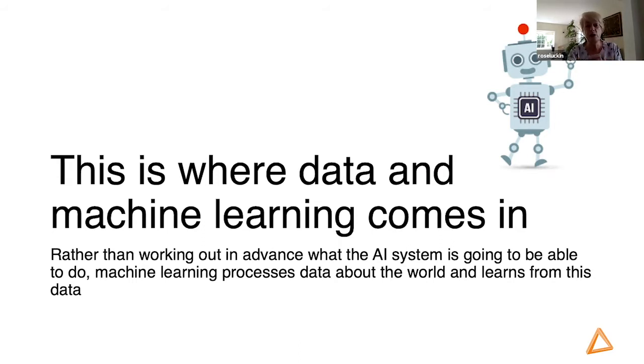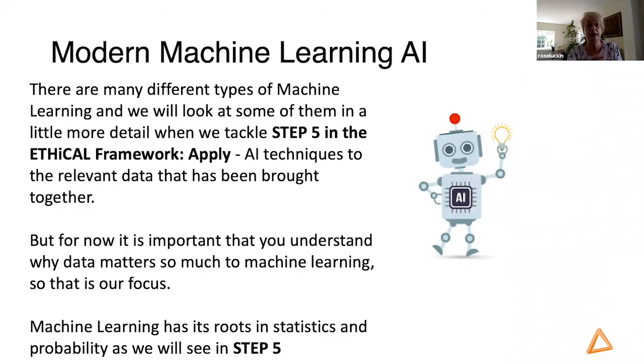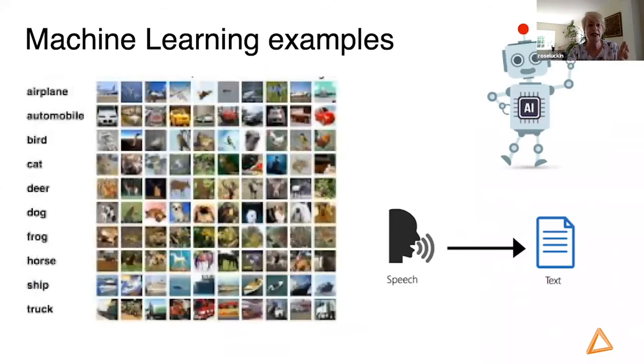And that's precisely what modern machine learning AI does. But I'm not going to deal with the many, many different types of machine learning that we have available to us today. We'll look at some of those in more detail in the fifth webinar about the framework. But just to talk through a few very simple examples of what machine learning does.